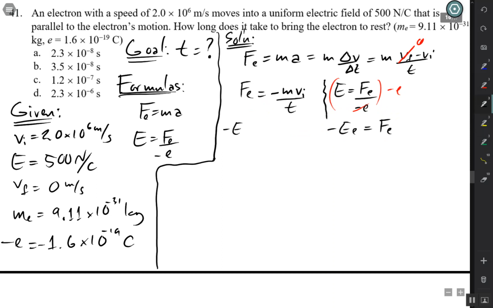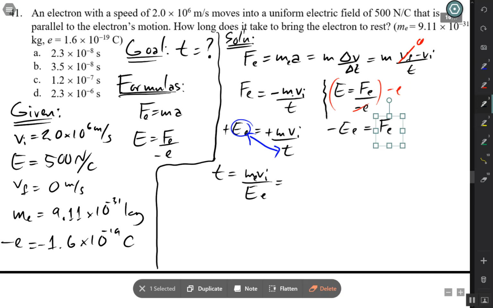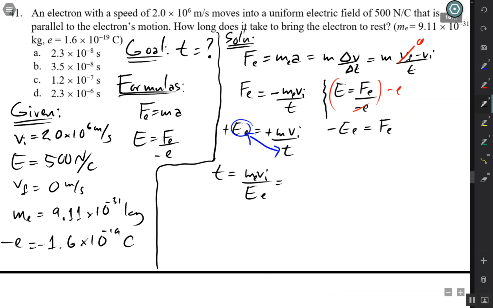Wait, I got a negative on both sides, so it becomes positive. Okay, and what are we solving for? We're solving for T, so I'm going to move all that up and bring all of this down. So it's MVI over E. Okay, so we're already ready, and this is actually the mass of an electron too, by the way, because that's the one in question.